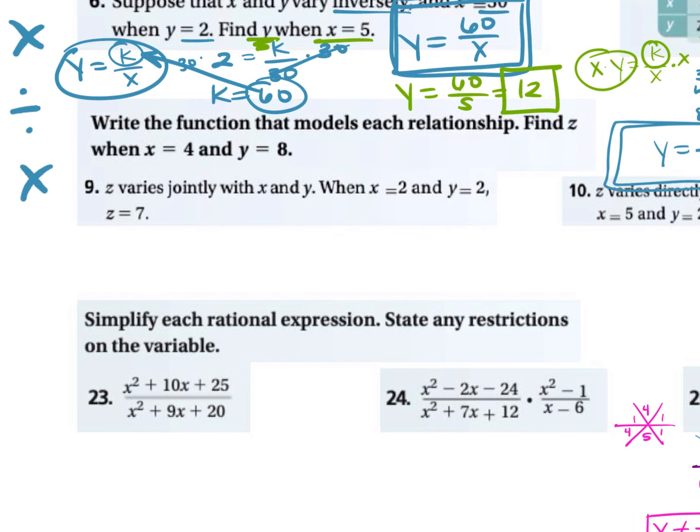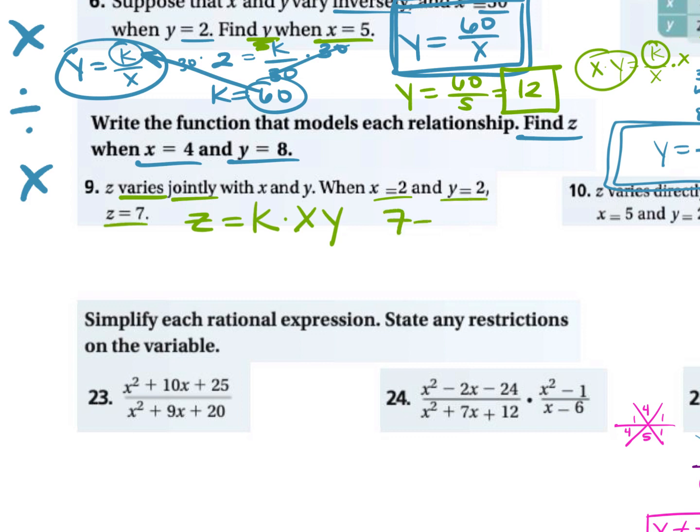Okay, so it says find z when x is 4 and y is 8. And it says, what do you write when you hear varies? Equals k. So z varies jointly as multiplication, so times x and y. When x is 2, y is 2, z is 7.